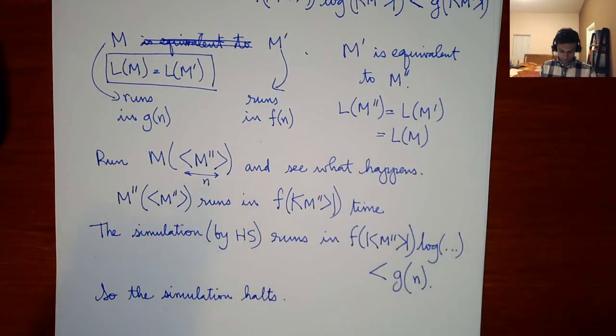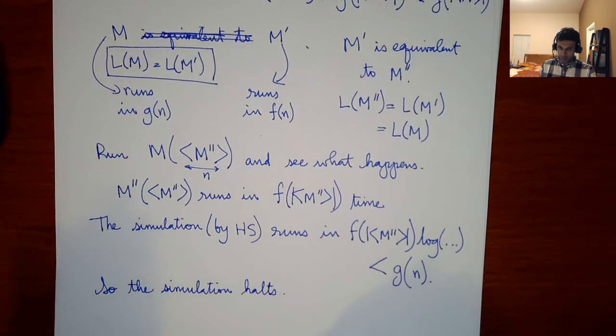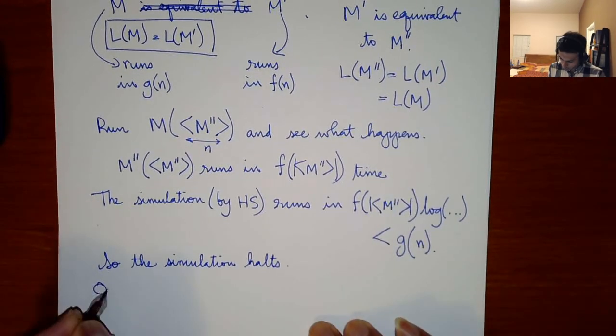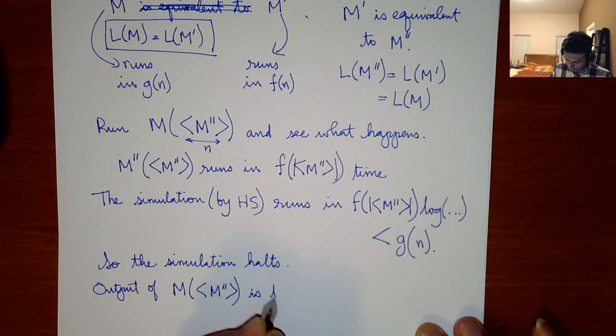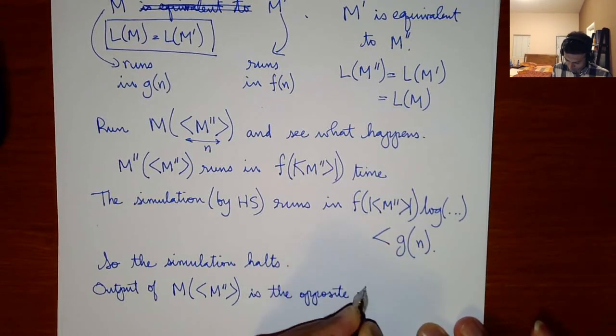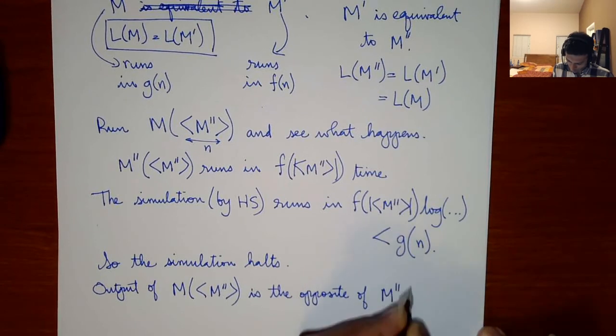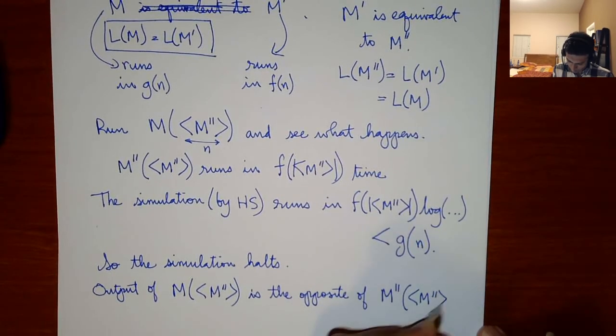So what this means is that the output of M on M double prime is the opposite of M double prime on M double prime.